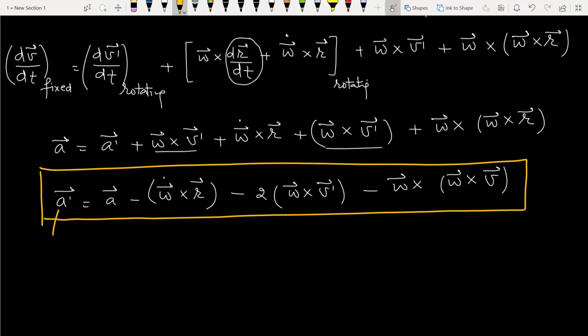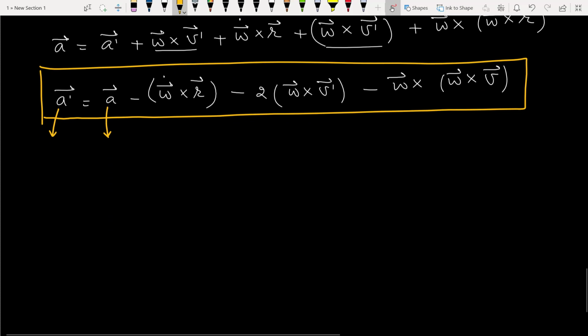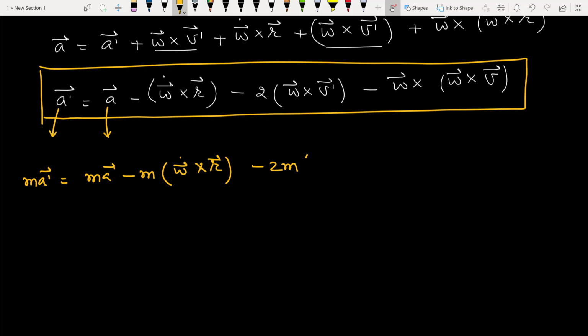A relationship between acceleration in S dash frame and acceleration in S frame. So it is a net acceleration. So if we multiply this by m, we will get m a dash. It will be m a vector minus m omega dot cross r vector minus 2m omega cross v dash minus m omega cross v.